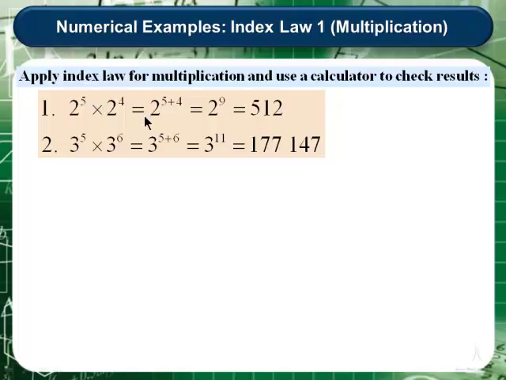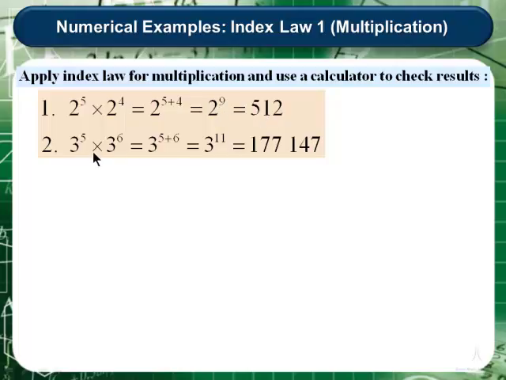And then the rule simply states that in the final product, the base will still be 2, while the index of the product is the sum of the two indices, namely 5 plus 4. Okay, and then of course you can switch to prime factorization, and your calculator will show you that this result can also be written as 2 to the power 9.